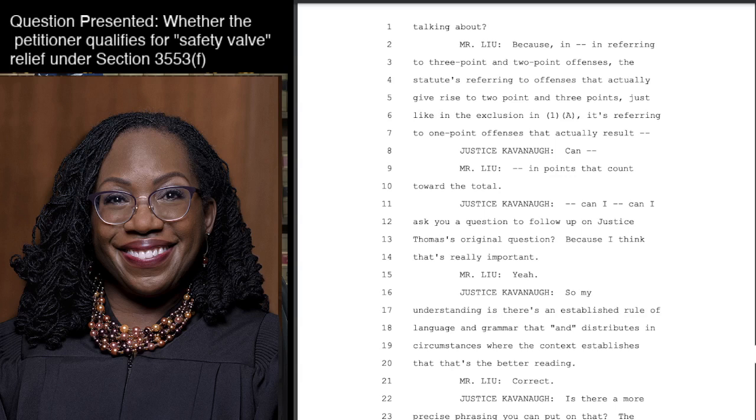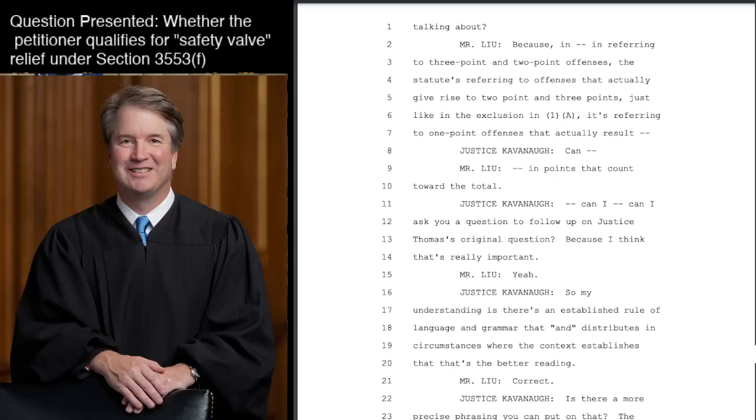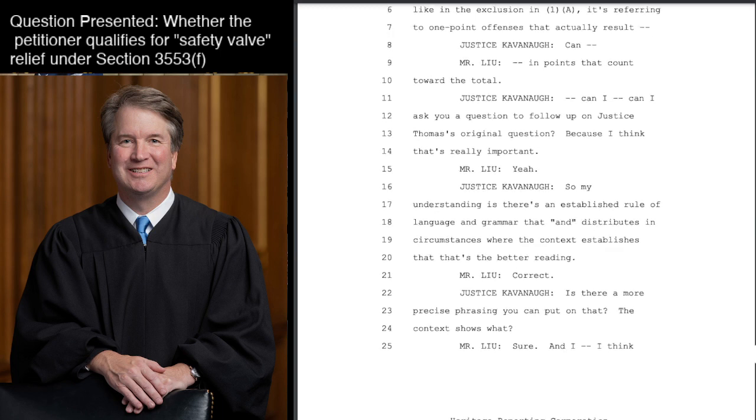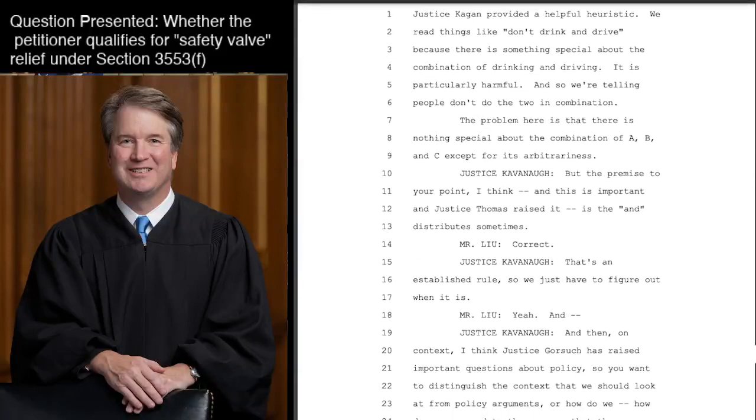Can I ask you a question to follow up on Justice Thomas's original question? Because I think that's really important. My understanding is there's an established rule of language and grammar that "and" distributes in circumstances where the context establishes that that's the better reading. Correct. But is there a more precise phrasing you can put on that? The context shows what? Sure. And I think Justice Kagan provided a helpful heuristic.